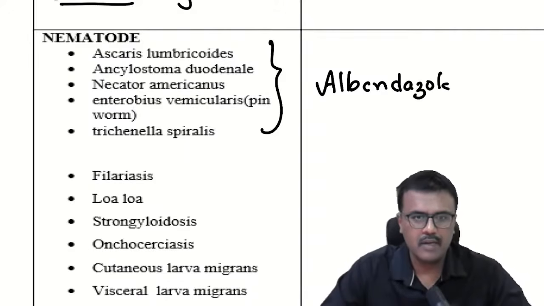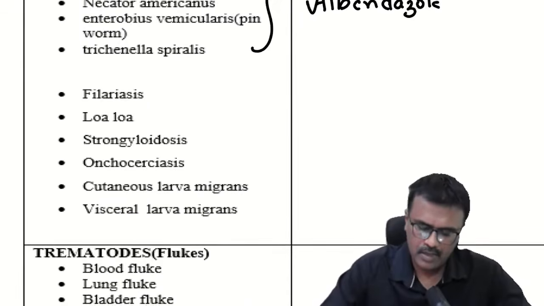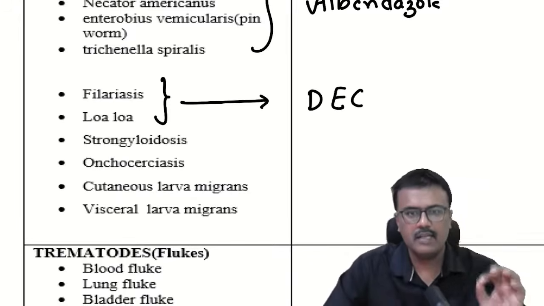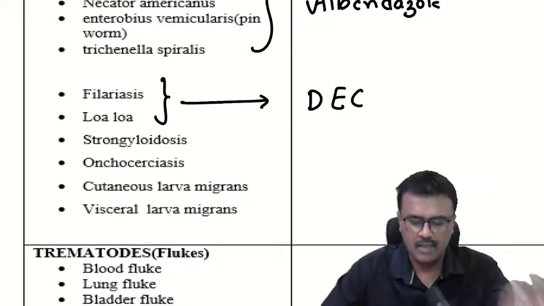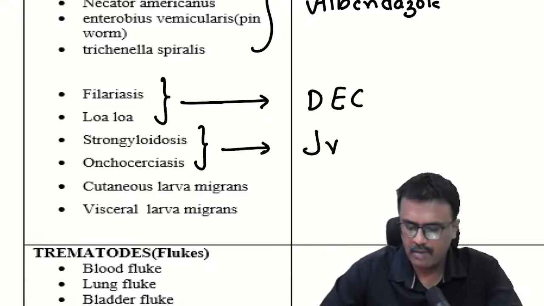Ancylostoma, Necator americanus, pinworm, Trichinella spiralis. Filariasis and Loa loa, it is DEC. What is DEC? Diethylcarbamazine. Strongyloidosis and onchocerciasis, it is ivermectin.